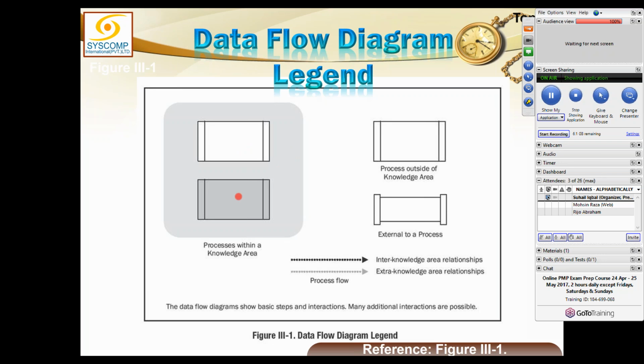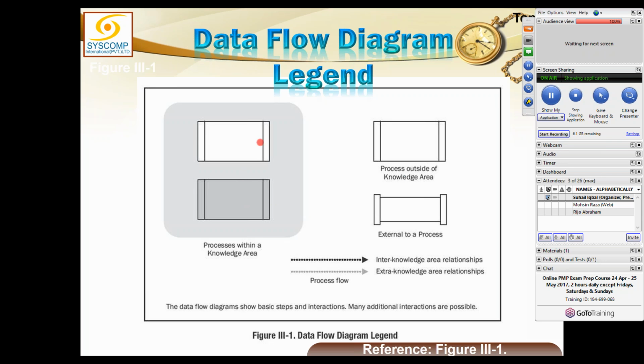The dark gray box would be the process which is from the same knowledge area, but it is not directly under discussion, but it is either getting something as an output from the concerned process. So some connection exists between the process under discussion and the process referred here in the dark gray box. So the interaction would be shown there.